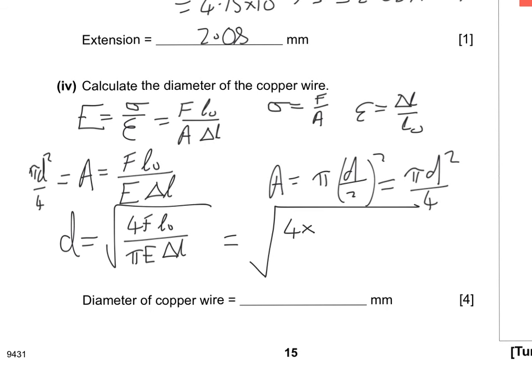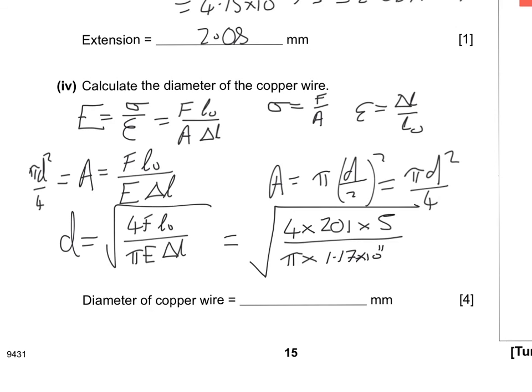So the root of 4 times F, and that's the tension, we found that to be 201, times L naught, which was 5 meters. On the bottom line, we've got pi times the Young's modulus for copper times the extension, and we need to make sure that we're consistent with our top line.